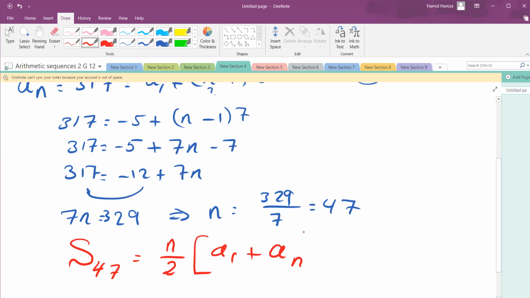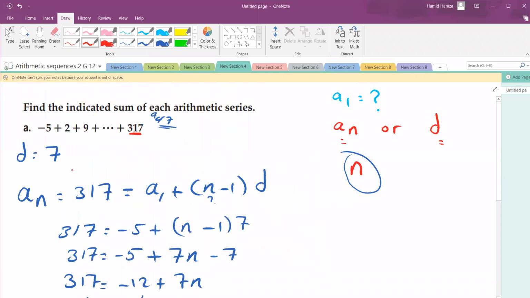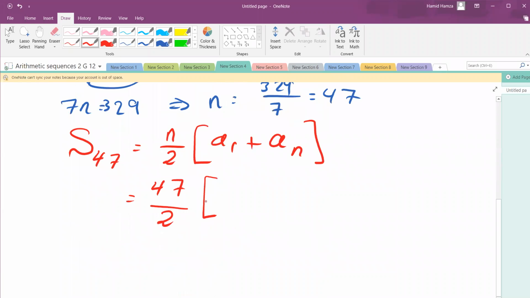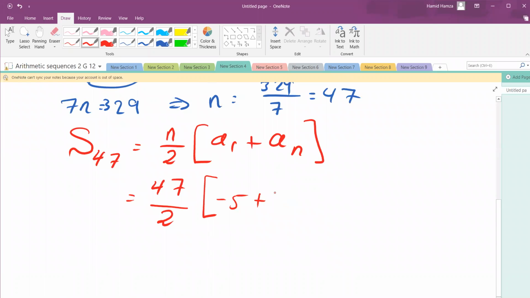And I told you an refers to the last term. So it will be 47 over 2 multiplied by a1, which is negative 5, plus the last term, which is 317.